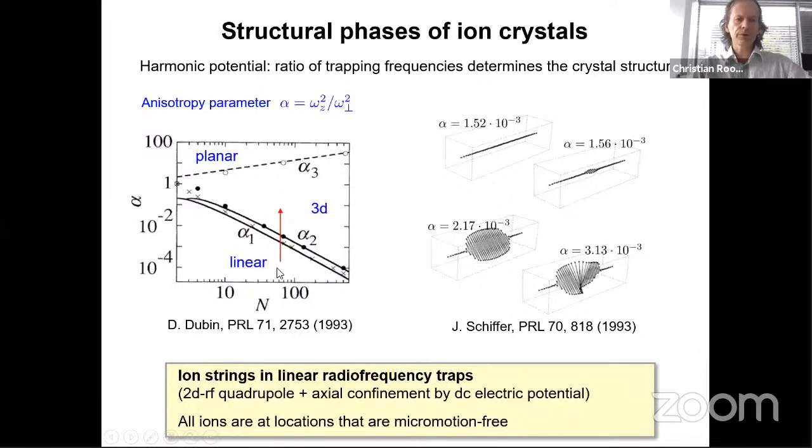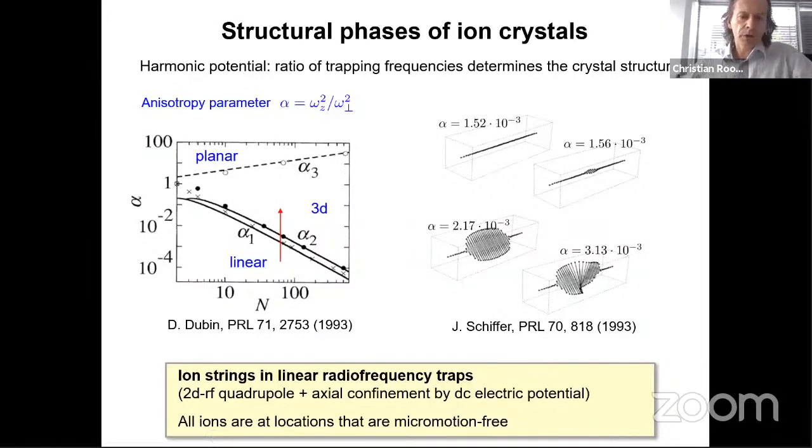And the same is true if you increase the anisotropy parameter and go to bigger and bigger values: you cross this diagram from a linear configuration into a zigzag crystal into a helix. And then if the confinement becomes very strong along this particular direction, then you squeeze the ion crystal such that it forms a planar crystal in this perpendicular plane.